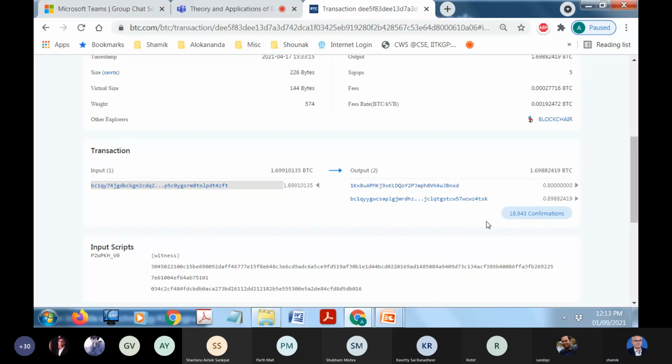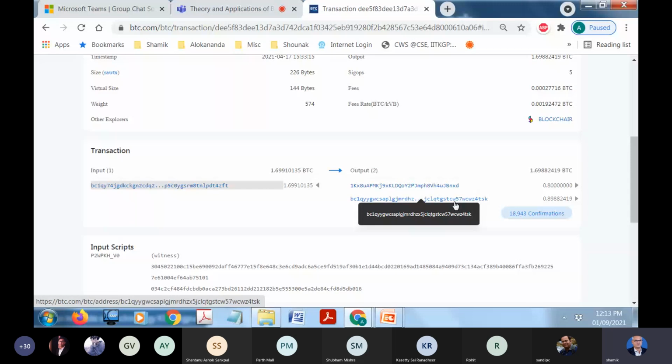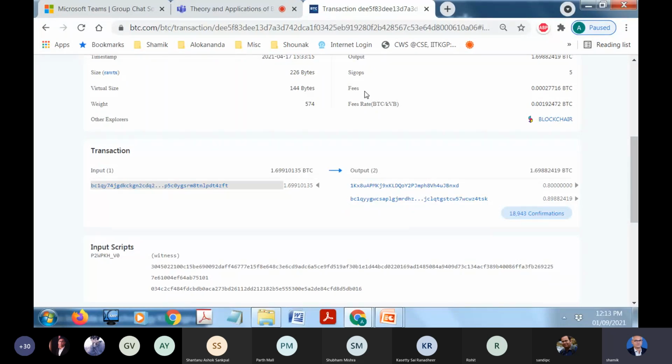So if you see this particular transaction, this is showing as the input, from this input, which had this 1.6991035 BTC, okay, actually 0.8 BTC, where BTC stands for Bitcoin, is paid to this public address. Okay, I take back, so you see this address is the same as this one, so whoever this is, that person takes back this 0.8988 whatever amount of Bitcoin, and you see that there is a fee of 0.000027716 BTC.